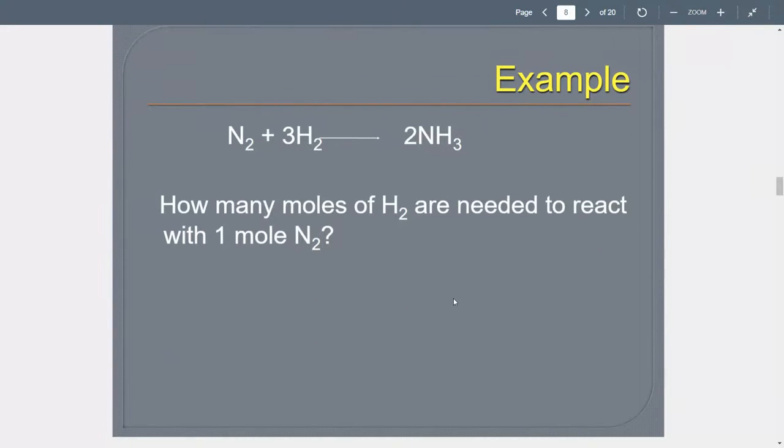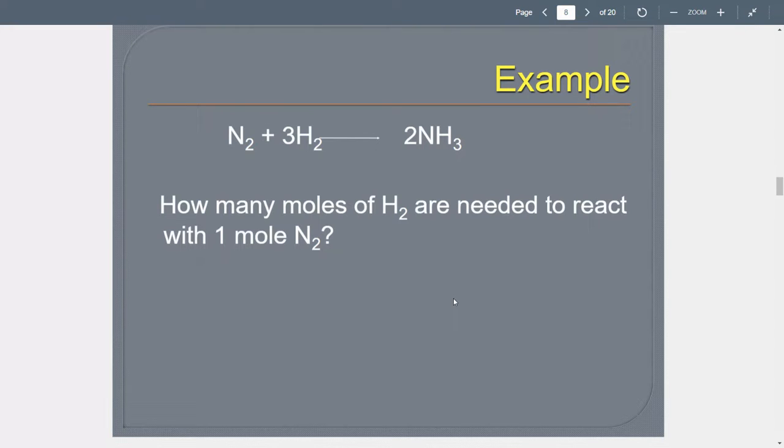All right, so let's look at this one again. You might not always need to do the full-on setup. I'm still going to set it up for you just to show you, but these numbers are pretty easy. If you look, you have 1 mole of nitrogen plus 3 moles of hydrogen gives you 2 moles of NH3. What is NH3? Good, ammonia.